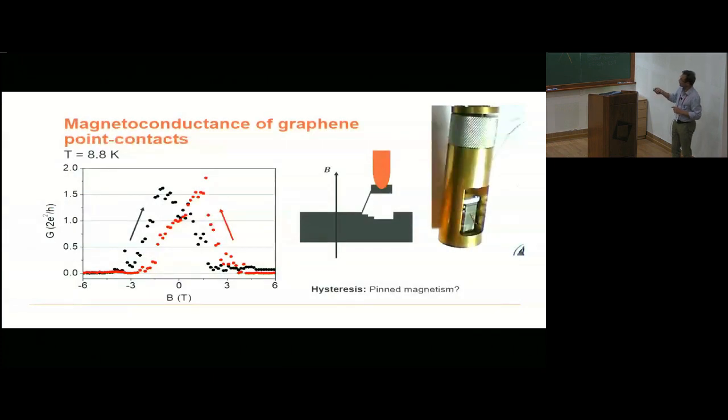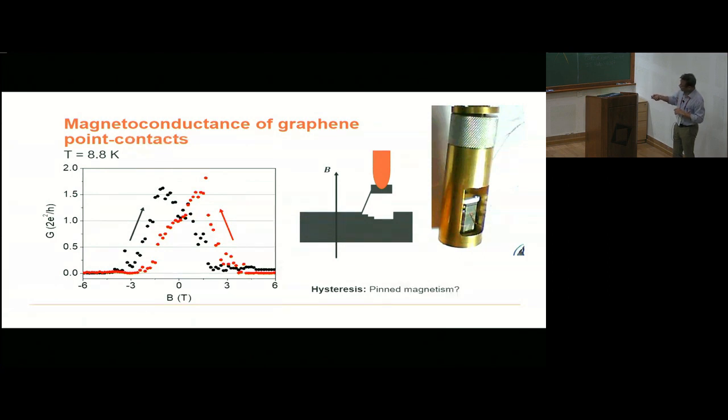That is, we applied a perpendicular magnetic field in this point contact region and found that there's a huge hysteresis in the conductance as a function of magnetic field. The moment the magnetic field increases, the one-dimensional conductance that we saw decreases immediately.